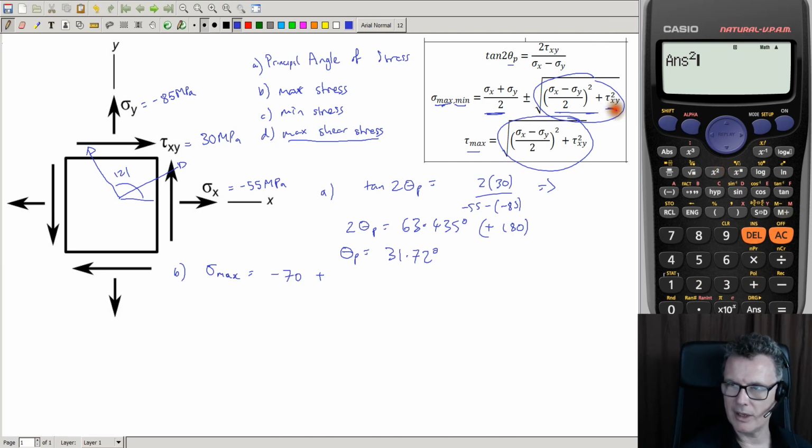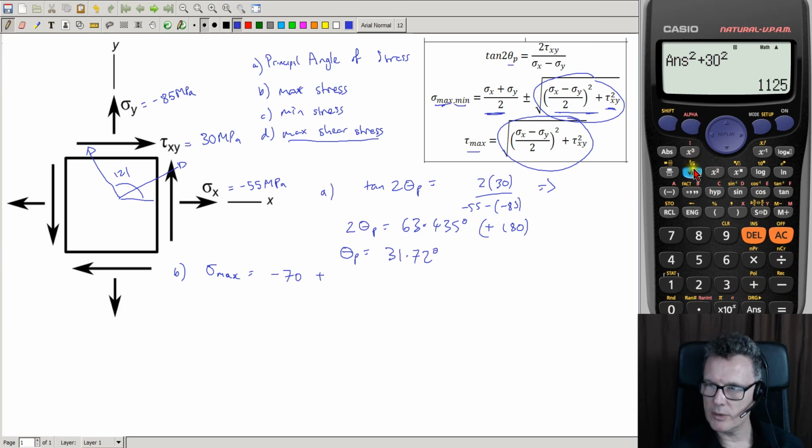Then we want to add on that squared, which is 30. Then we'll take the square root of that, and gives me something not particularly nice. Plus or minus 15. Well, it's okay to write this as an irrational number at the moment.